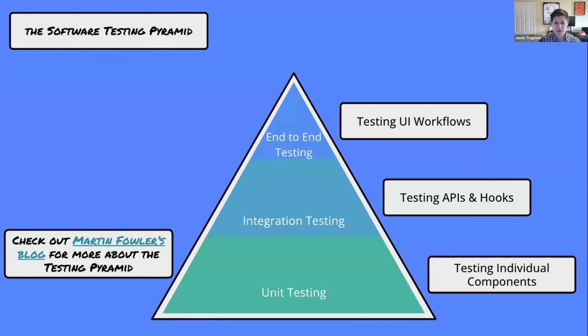So let's dive into the general guidelines around testing with the software testing pyramid. This may be familiar to some of you, where Martin Fowler and Mountain Goat Software came up with this software testing pyramid, and it starts with the bottom layer, which is unit testing. This is the foundation for the testing pyramid, where you're testing individual components.